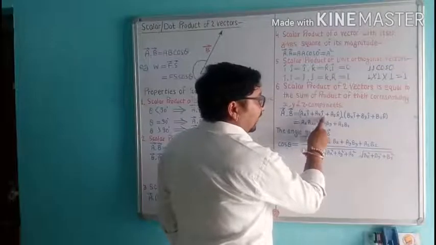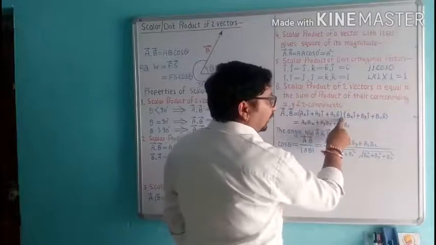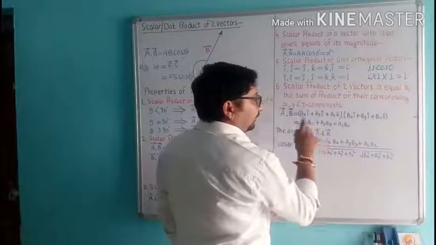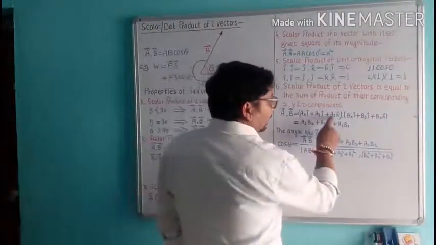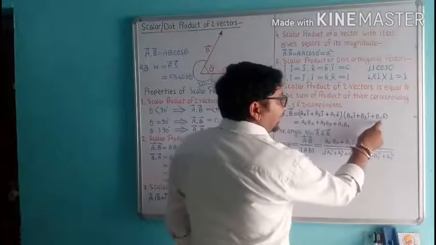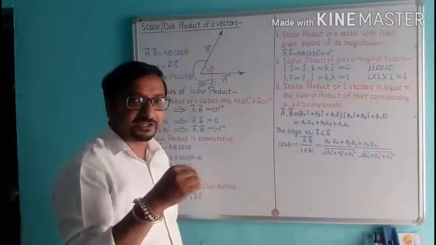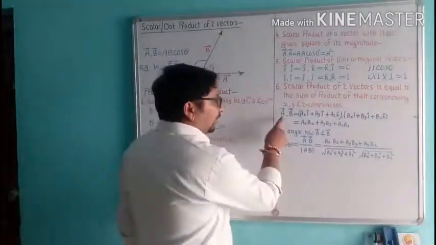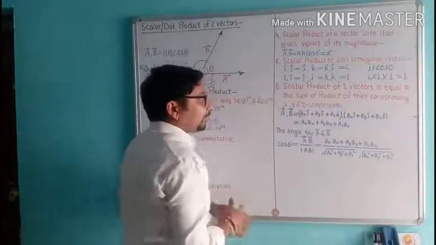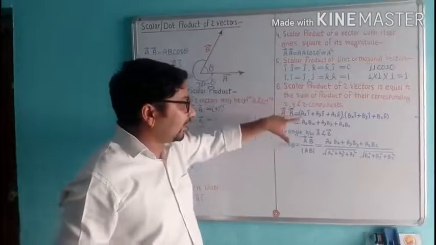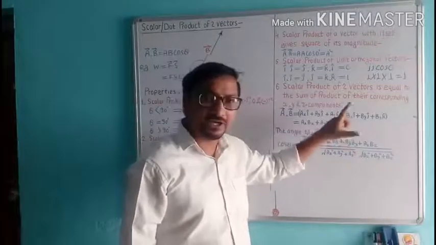Similarly, multiply only the j cap terms: ay j cap dot by j cap gives ay by, and the remaining terms are 0. And az k cap dot bz k cap gives az bz, and the remaining terms become 0. So vector A dot vector B is equal to ax bx plus ay by plus az bz. Use this property in this multiplication.